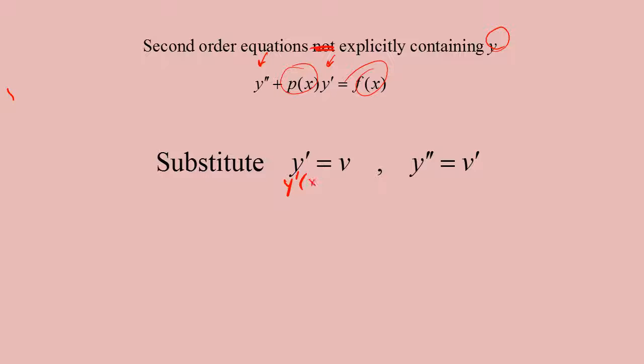Y prime with respect to x equals v with respect to x. Same thing here. The second derivative of y with respect to x would be the first derivative of v with respect to x. Notice we get that just by differentiating y prime equals v. And so that's our first technique.